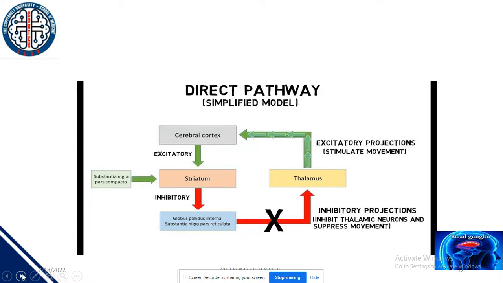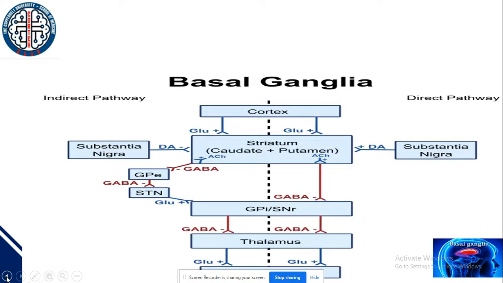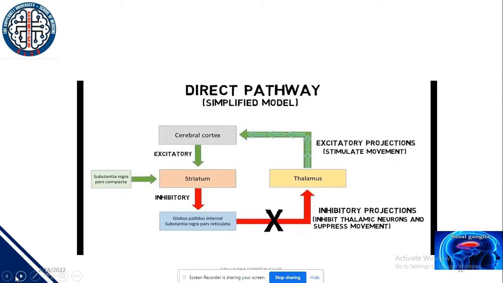So just go to the previous slide. Yes, so here where we have globus pallidus internus and SNR, here where I said we'll classify it later, SNR is the substantia nigra pars reticulata. You can go to the next slide. So once that happens, these two will also release more or say less GABA?